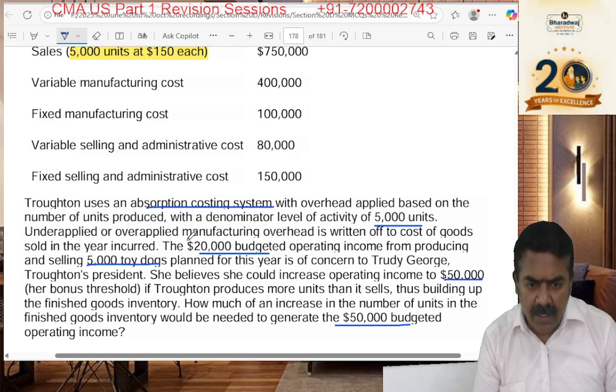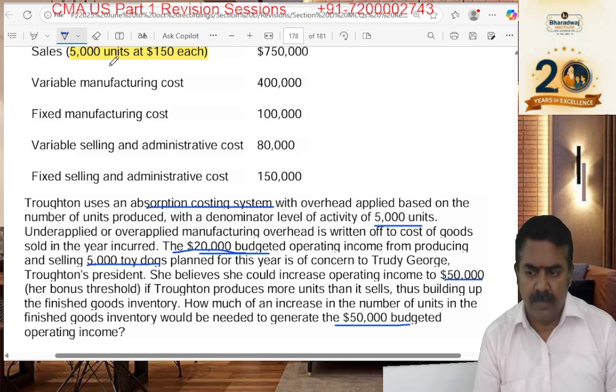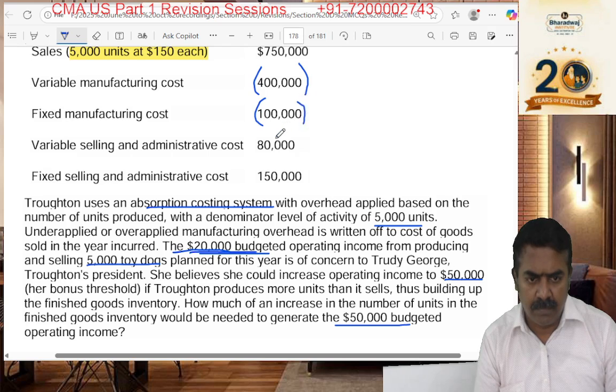We are expecting an operating income of 20,000, divided by 5,000. At present, what is your operating income? 20,000.